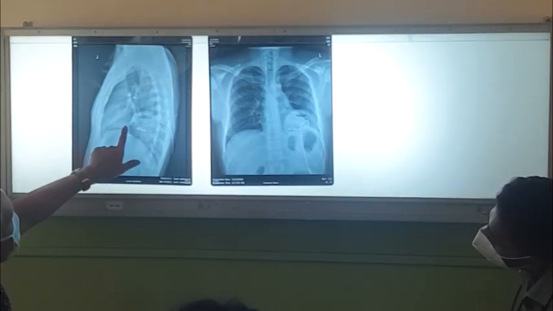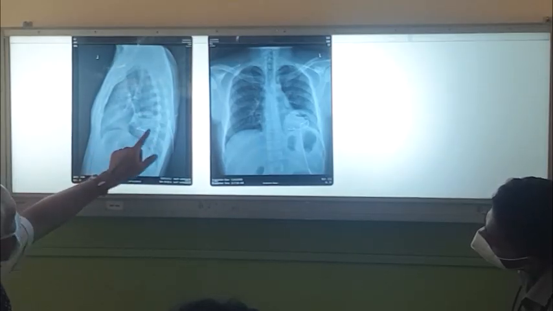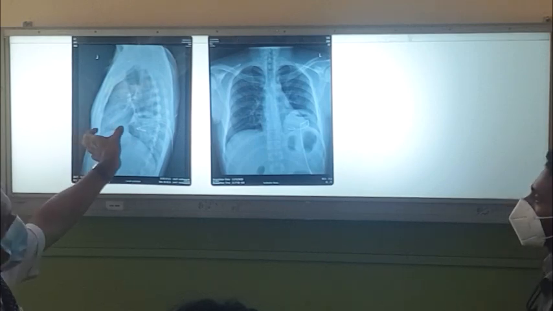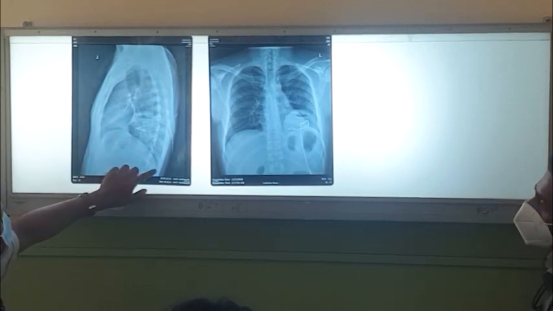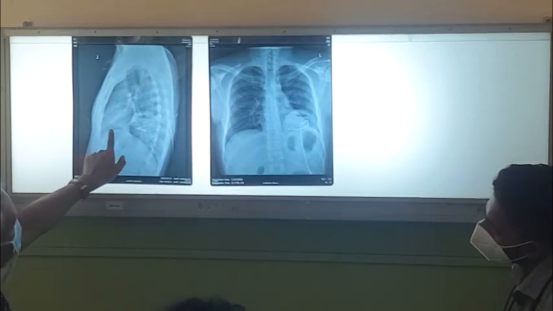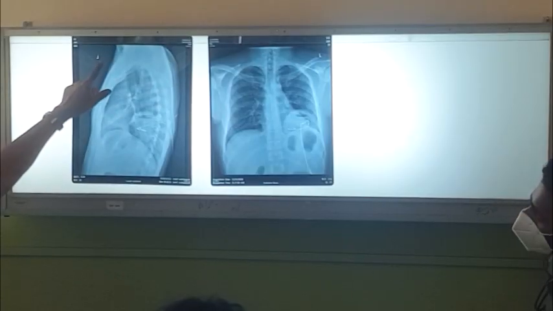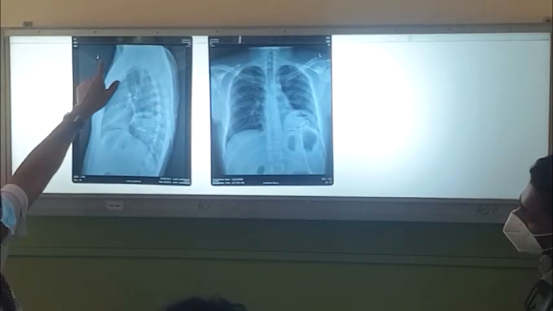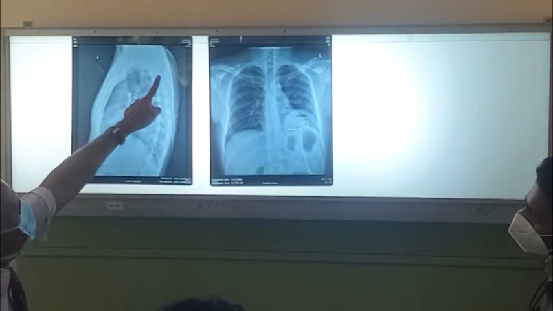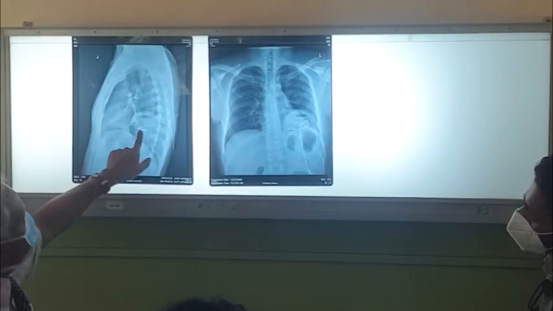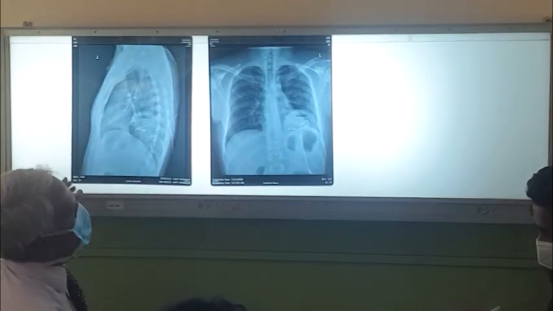This part of the left diaphragm you can't see because of the abscess. This part you can't see because of the cardiac shadow, right? But you can see nicely the right hemidiaphragm. So this is the left, this is the right, and we have inserted a pigtail catheter there.